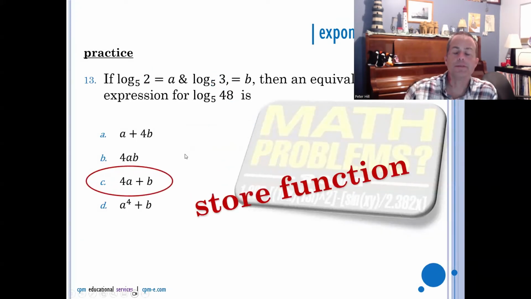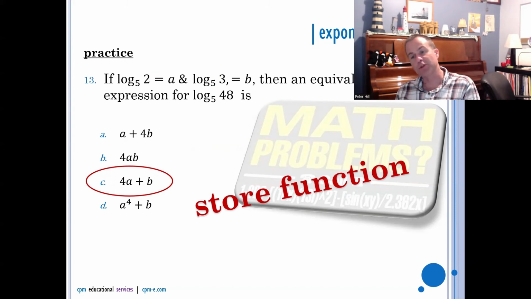If this is a multiple choice question, the other thing you can do here is use the store function of your calculator. On a Casio, you are looking for an arrow just below your 10 button that points to the right. On a TI, you would be looking for STO, kind of on the left column.